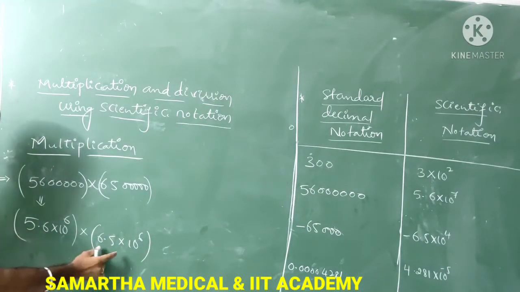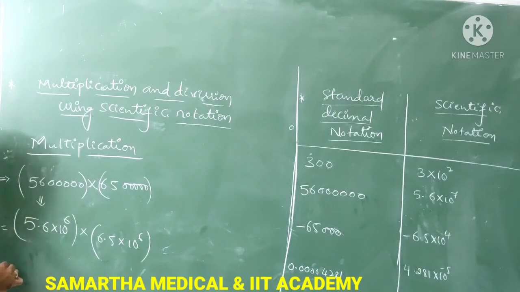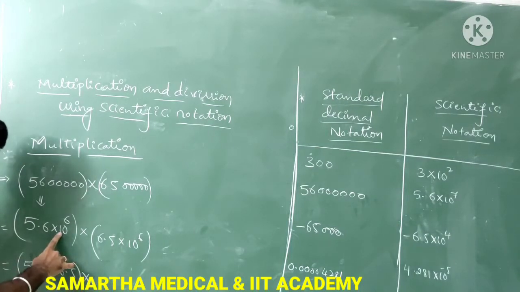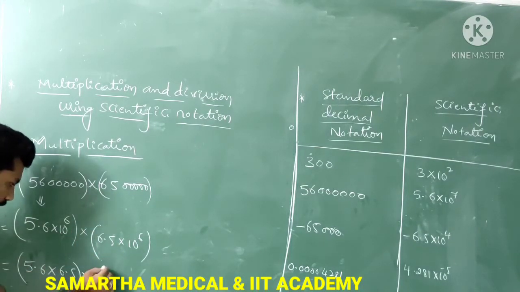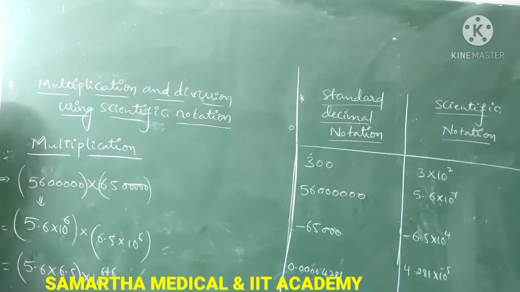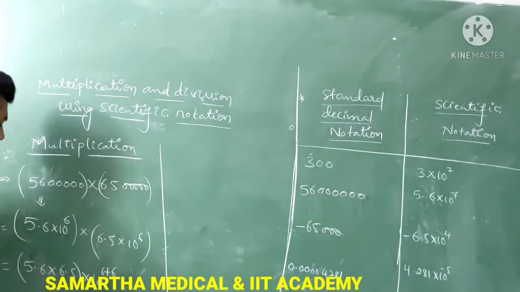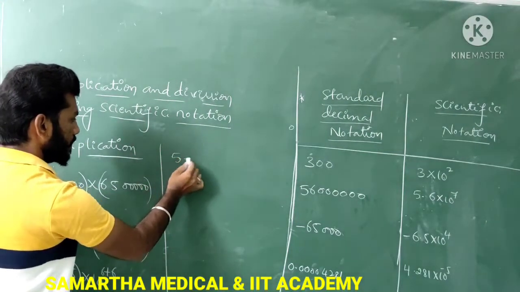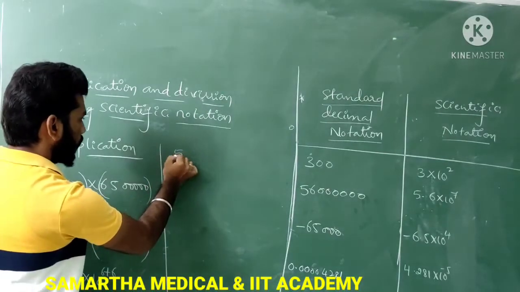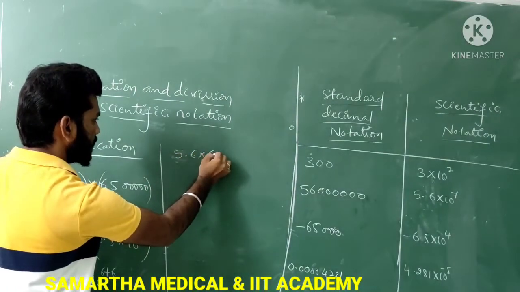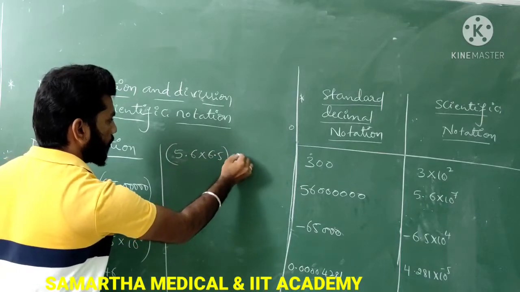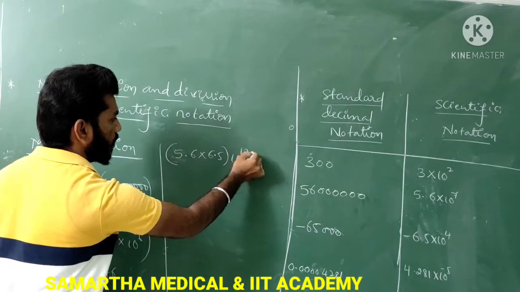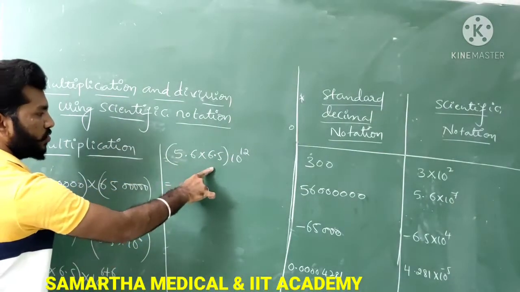Then we have to multiply these two numbers. 5.6 into 6.5, and 10 to the power of 6 plus 10 to the power of 6. 6 plus 6 is 12. Then 5.6 into 6.5 into 10 to the power of 12. You can multiply these two values.